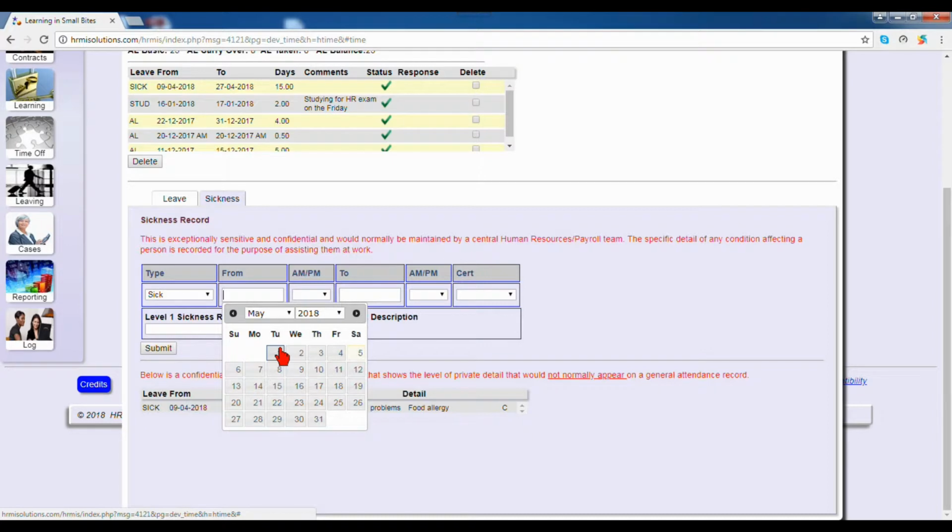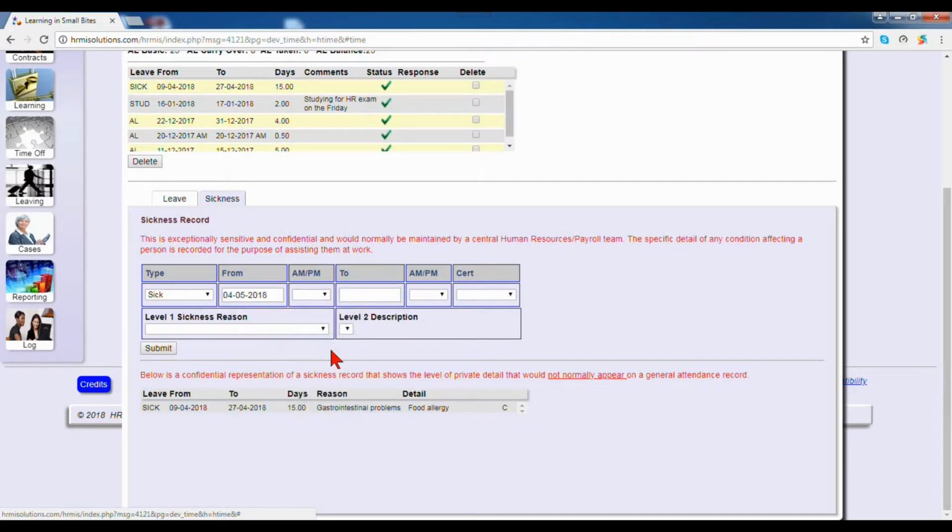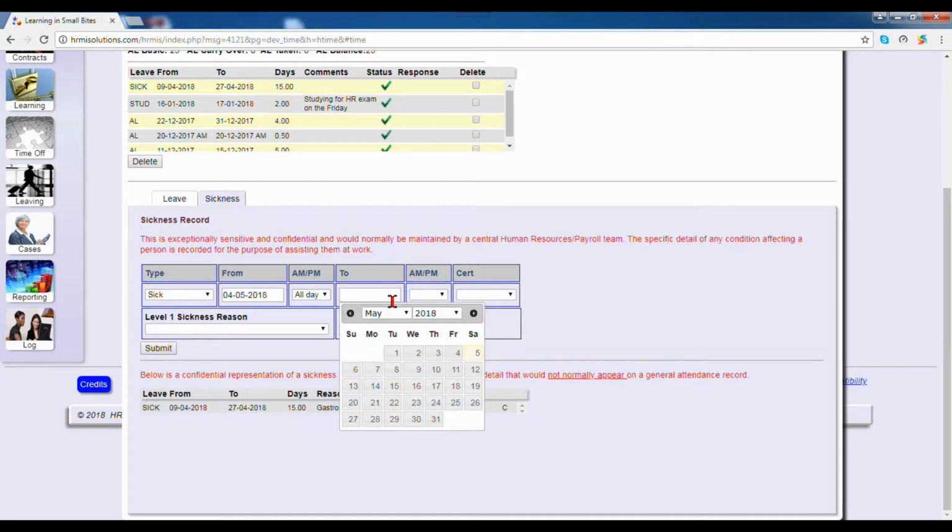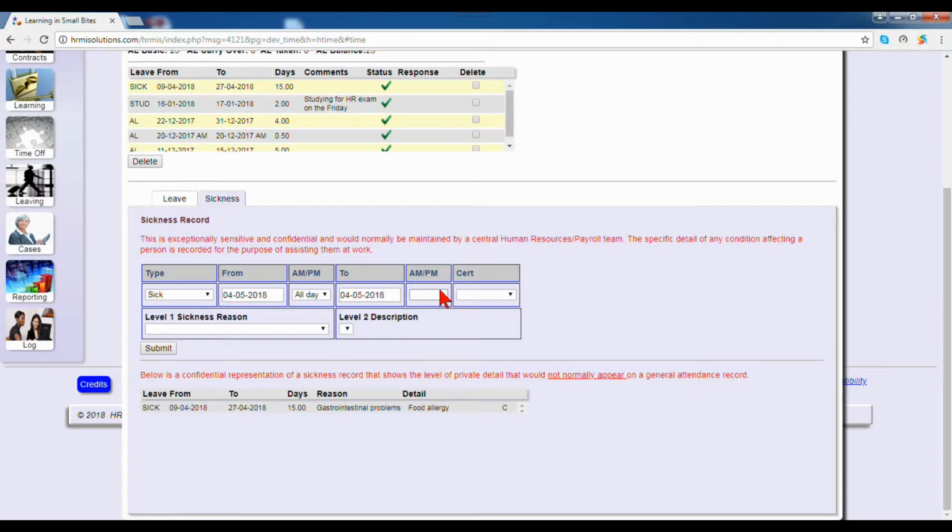Let's enter the first day of sickness absence, whether it's a half day, AM or PM, or full day's absence. The last day of sickness absence, again whether it's a full day or half day, and whether the sickness was certificated or not.